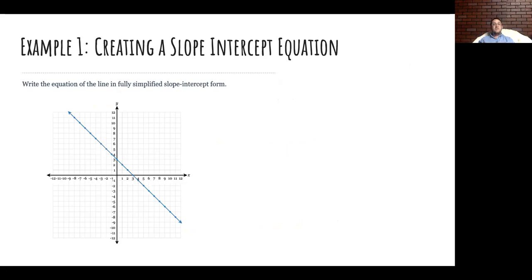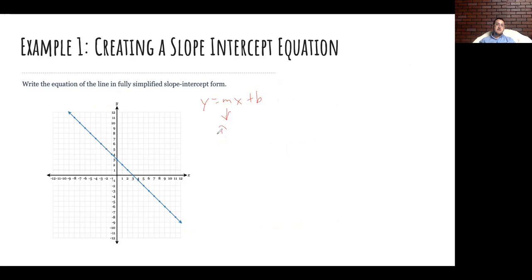Okay, so this is write the equation of a line in fully simplified slope-intercept form. So this tells us that we want a y equals mx plus b. Now, some people look at these questions and they're like, oh, I don't know what's being asked. Well, if you read the equation, you'll actually see what you need to do.